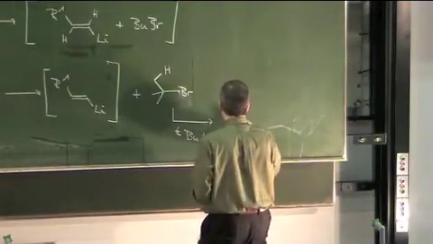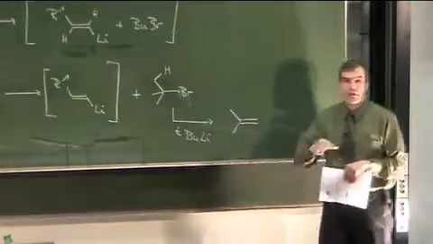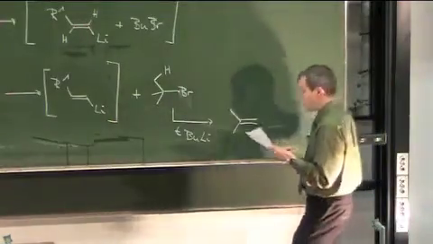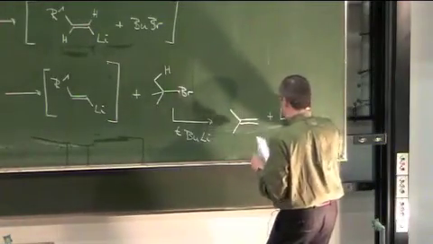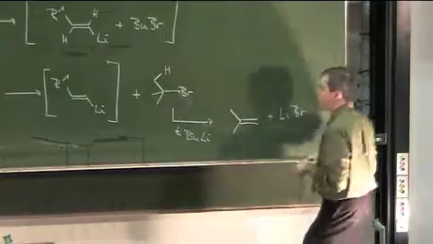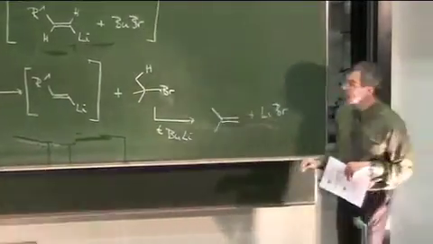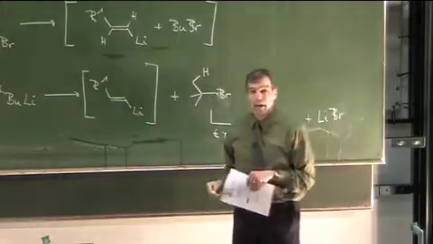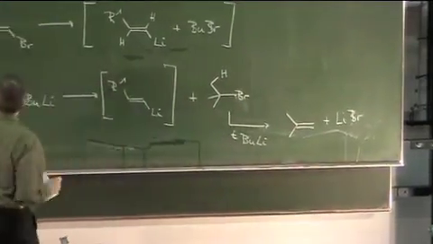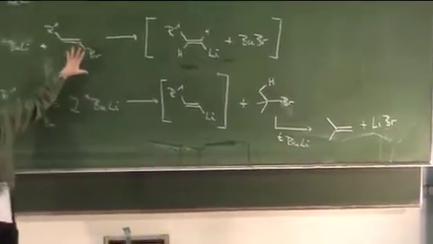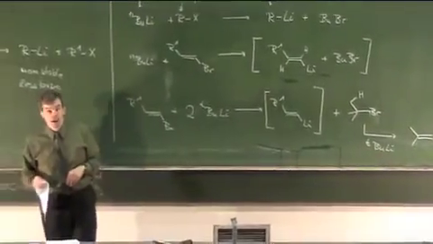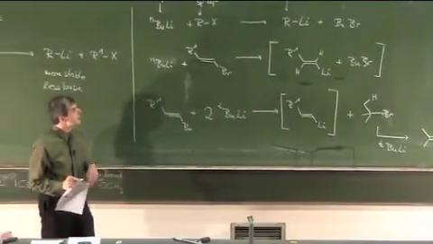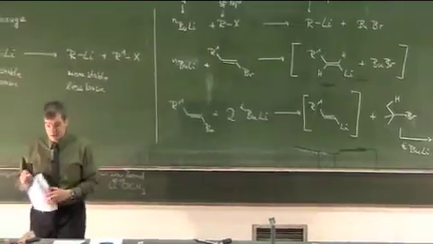And this way, you're creating isobutene, which is a gas, and goes out of your reaction flask, and lithium bromide. So this is a way to overcome the complication you might encounter with the coupling products, which is specifically severe for alkynyl halides. It's not so severe for aryl halides.